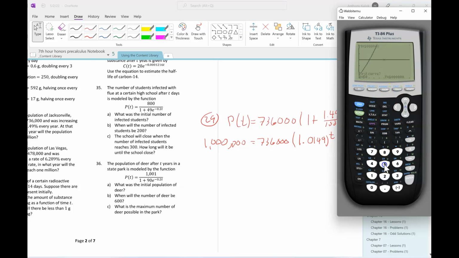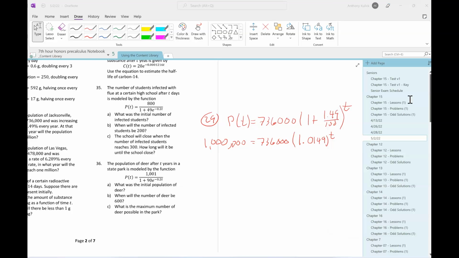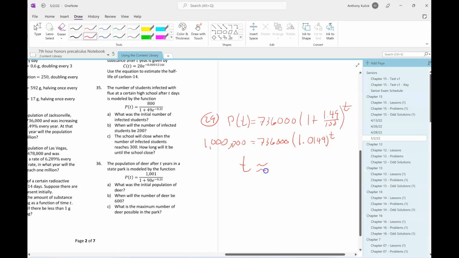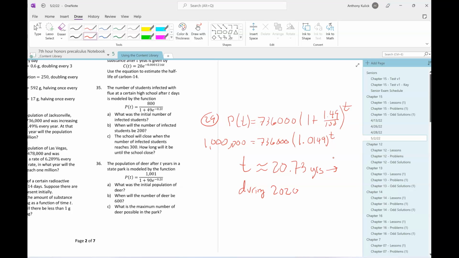Second trace, intersect command, enter, enter, enter. 20.73 years. Or I would say during the year 2020. I think it asks for what year. Is that cool with you? I know, you want to round up, right?